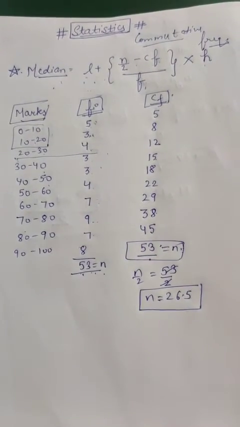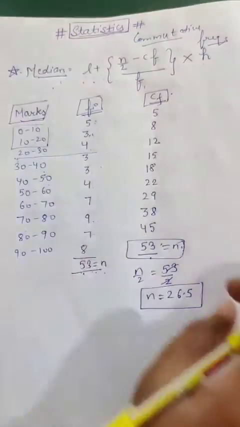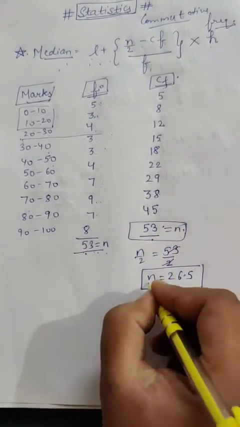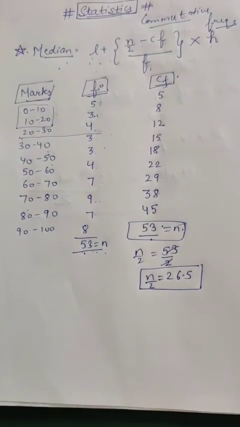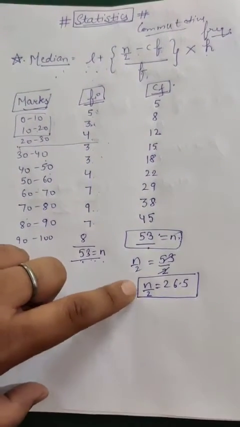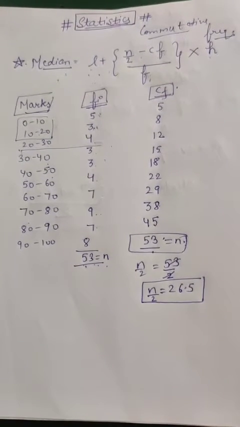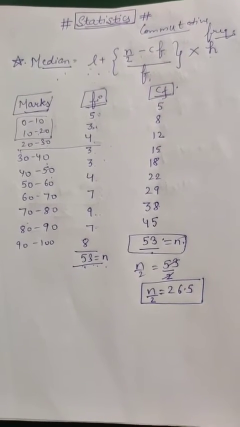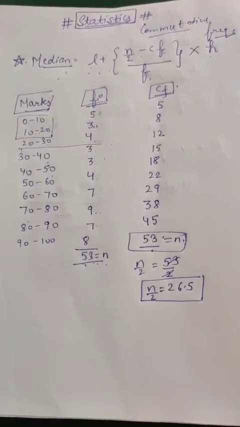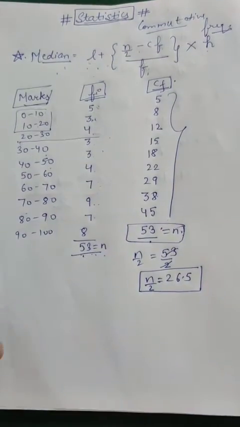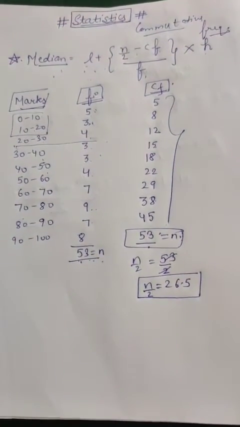So n by 2 is 26.5. n by 2 means you have got an approximate idea of the mid value. Now let's see from these cumulative frequencies the number closer to 26.5.